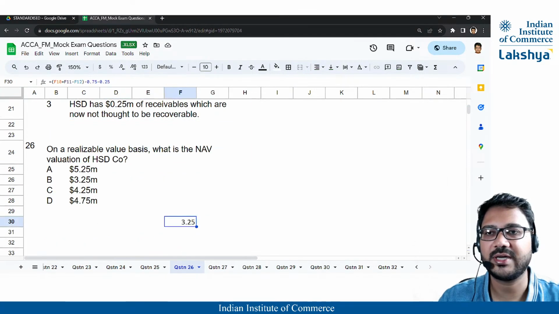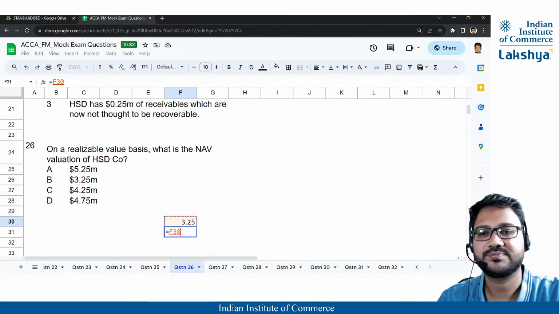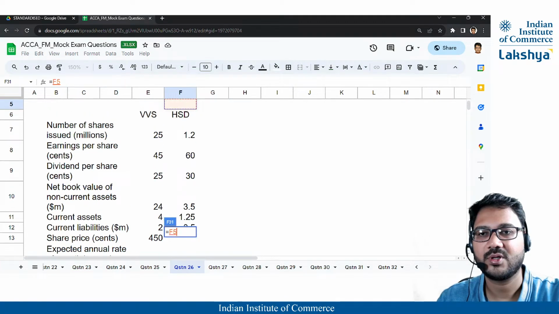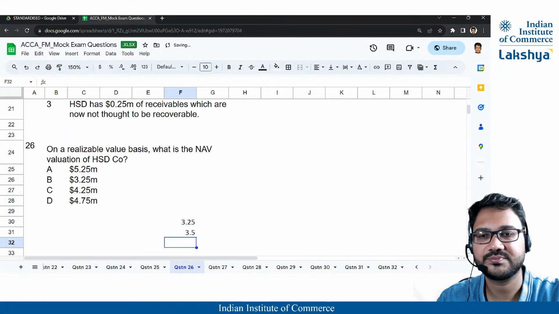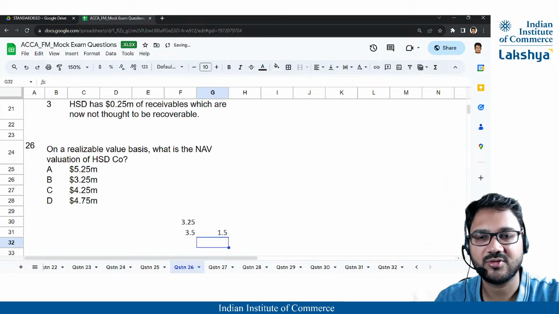What is actually happening is our non-current assets are worth 3.5. Now in this, there is something which should be less 2 million and added 0.75.